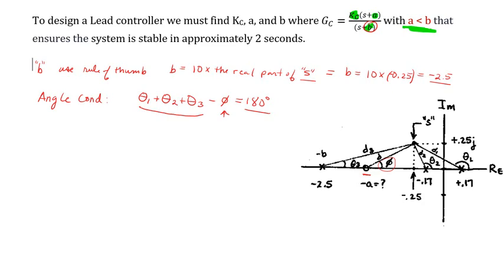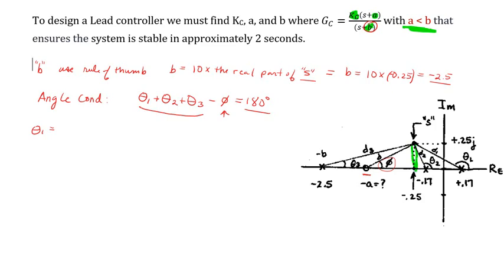So let's go ahead and find theta 1. We're going to use an inverse tangent, and I'm going to color our triangle in green here, if I can without making a mess.